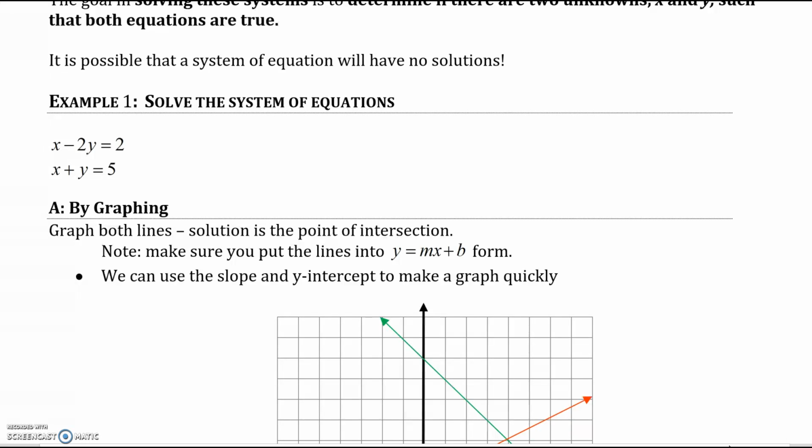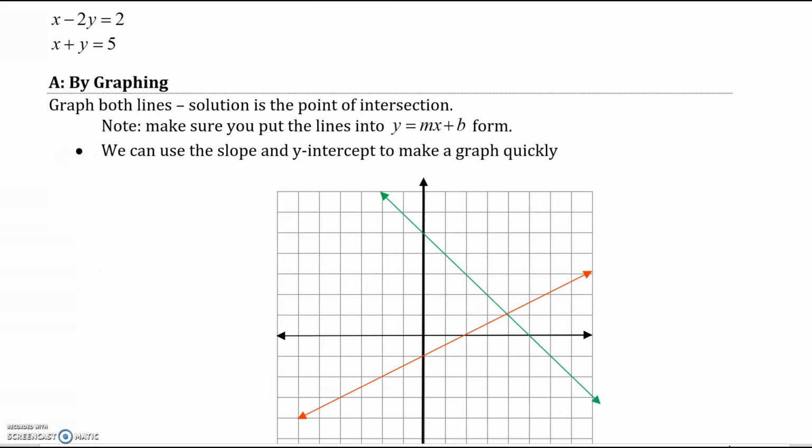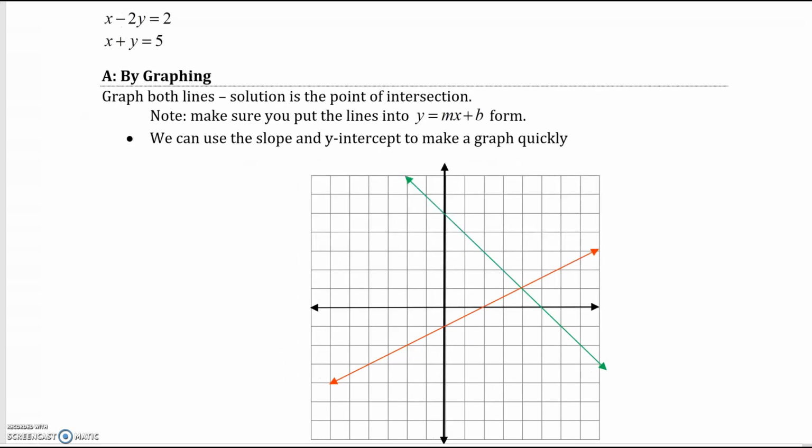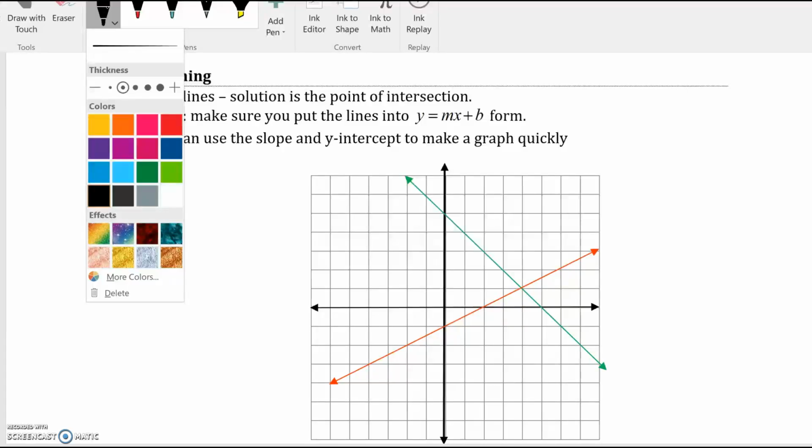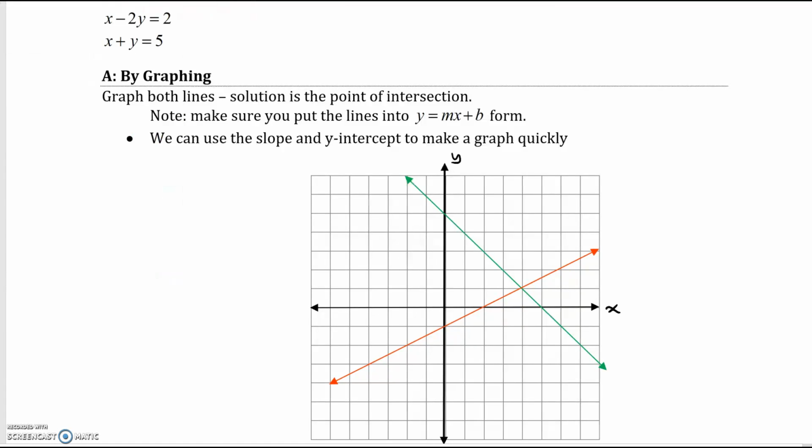When solving systems of equations by graphing, what we want to do is graph both equations on the same set of axes and determine where they intersect. You'll notice on this particular set of axes, each of the grid lines represents 1, on the x-axis and on the y-axis.